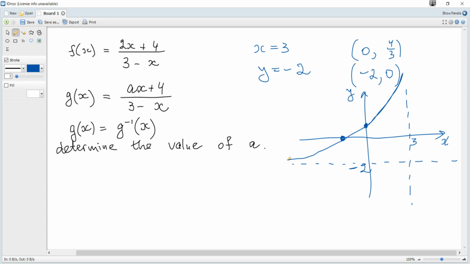And if you are not sure about quadrants, you may check. How to check? Take for example x is 4.